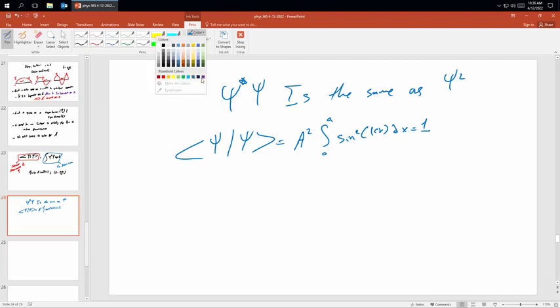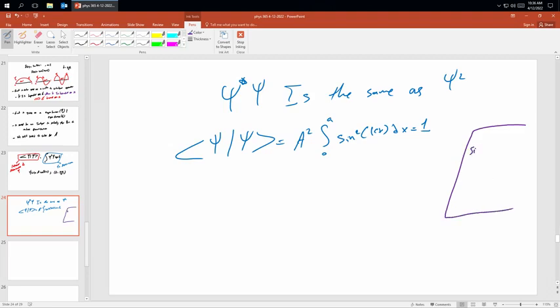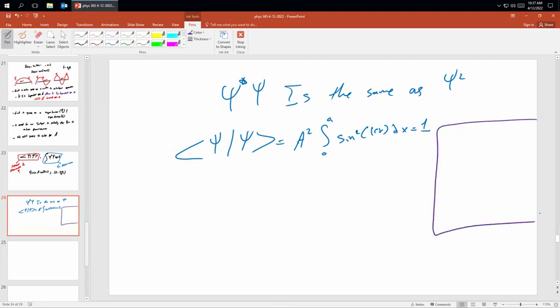Now, if you remember, we have a mathematical rule that says sine squared theta is going to equal 1 minus cosine 2 theta over 2.